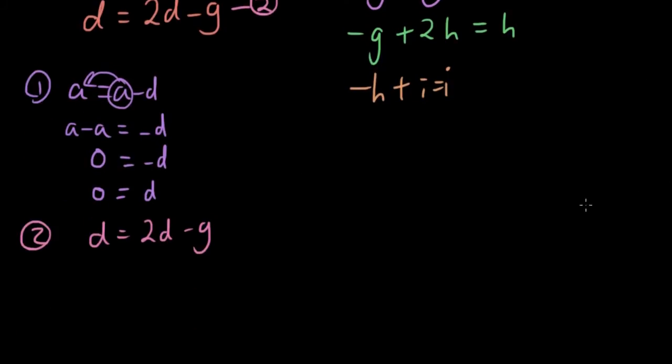So if d is equal to 0, 0 equals 0 minus g. So what does that mean? That means g is equal to 0 as well. d and g are both 0. It's pretty easy, isn't it? So d is 0, g is 0.